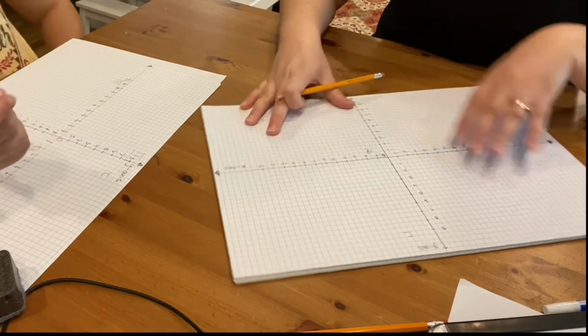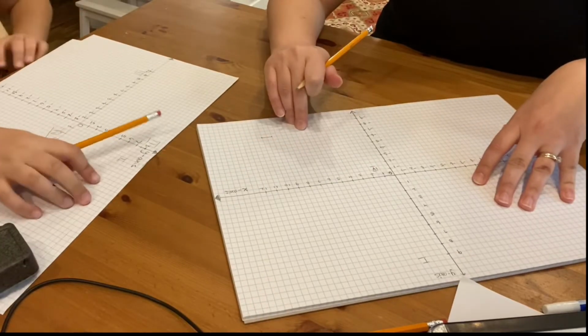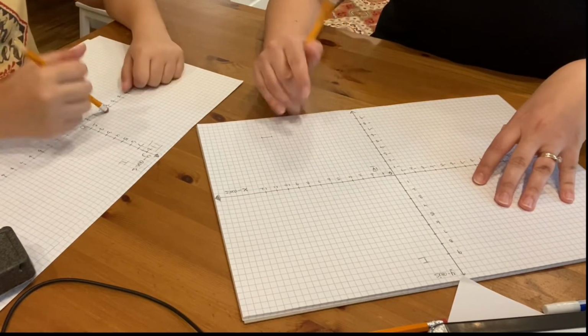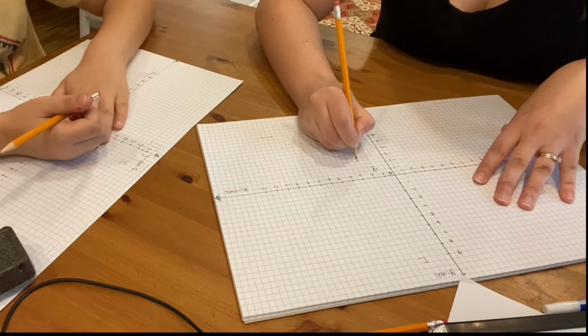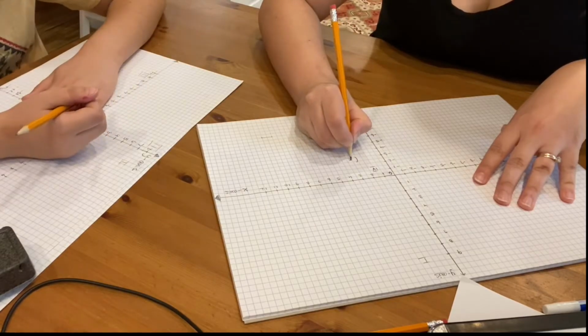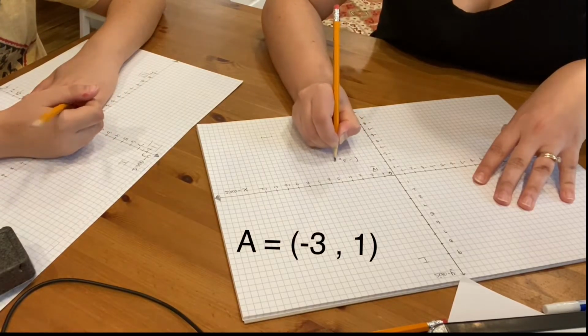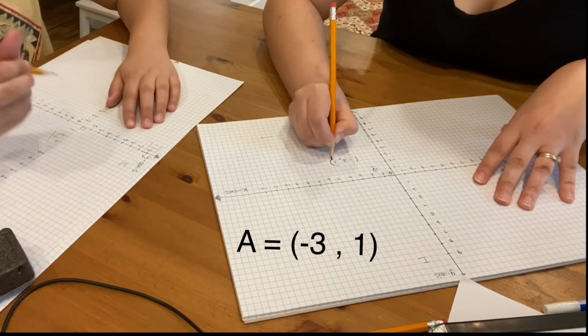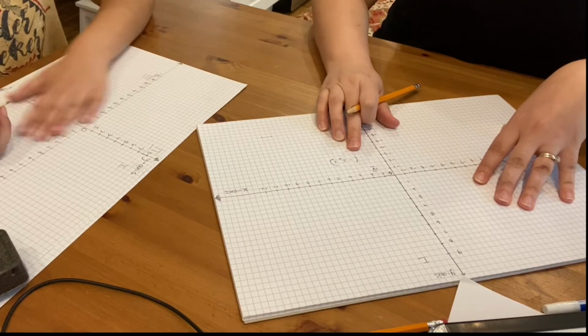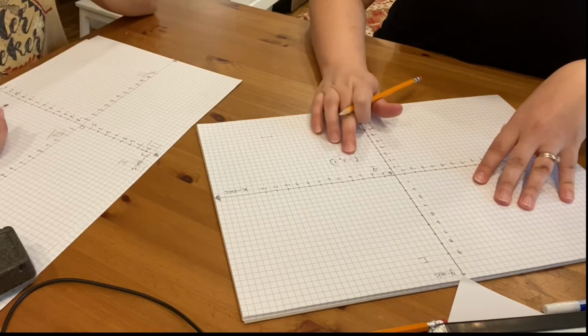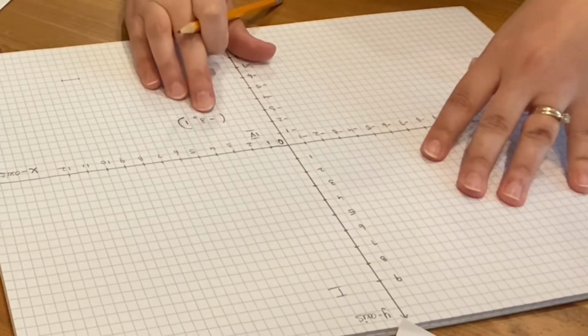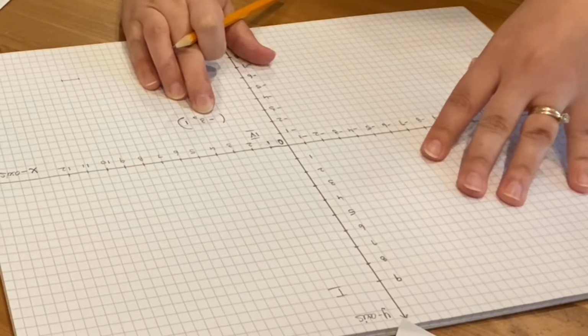Okay, so for the first example, I am going to graph the point that has the coordinates -3 and 1. So what did we learn about the paired coordinates? X and Y. Yes, first it's going to be on the x-axis, we're going to have -3.